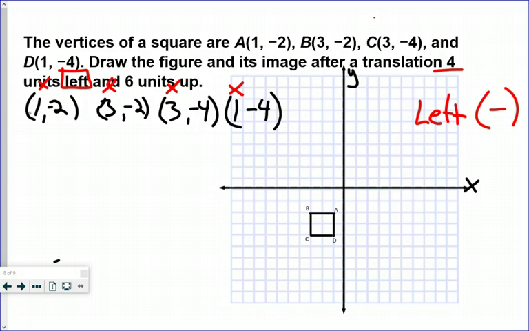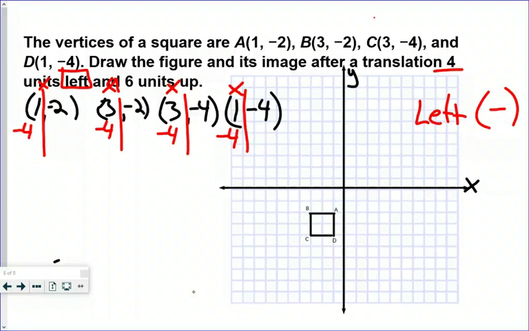So for each one of these, we're going to tee it up, just like we did in equations, to build a wall in between these two. And we're going to subtract 4 from each one of the x values to get our new value of where this is going to be translated. All right? So 1 minus 4 is going to give us a -3.